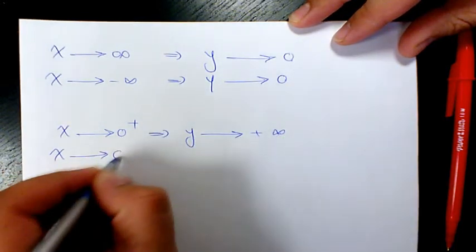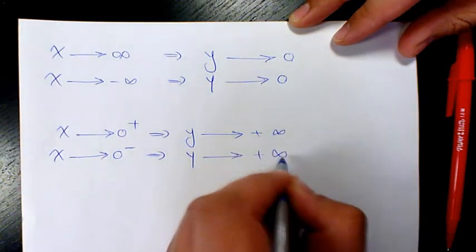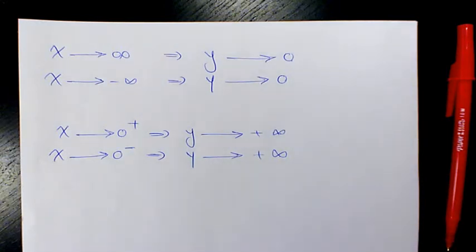When x approaches 0 from the negative side, y approaches positive infinity. So these are the behaviors of this function as well. Basically these are the characteristics of the function 1 over x squared.